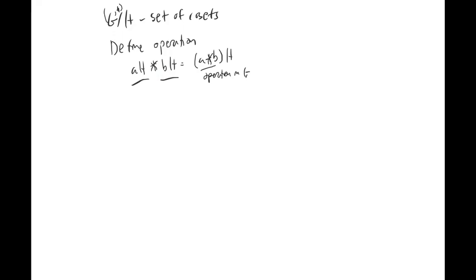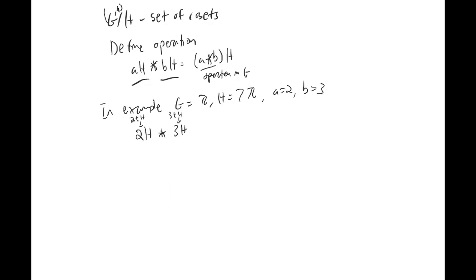So, like an example before, with G equals Z, H is 7Z. Let's take A to be 2, B to be 3. Then we are basically saying 2H, think of this as 2 plus H in this case, star 3H, which is 3 plus H, because the operation is plus in this case, is 2 star 3H.